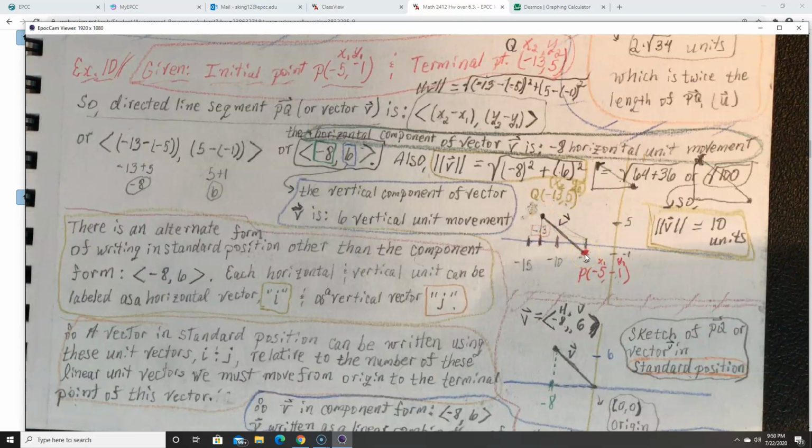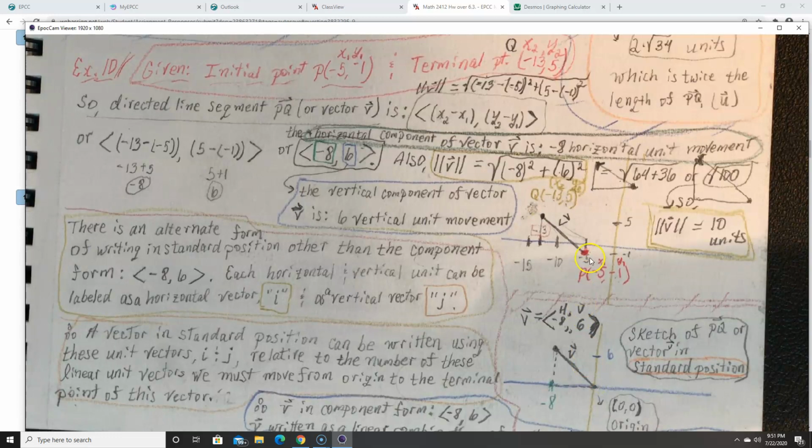And so, find the magnitude of this vector, which we did, which was 10 units. By the way, the vector now that we moved and put in standard position, the magnitude's still going to be 10 units because it's still 8 units left and 6 units upward. So you'd still get this with your distance formula between the initial point and the terminal point. You would still get 10 units for the magnitude. Of course, because we're not changing it.